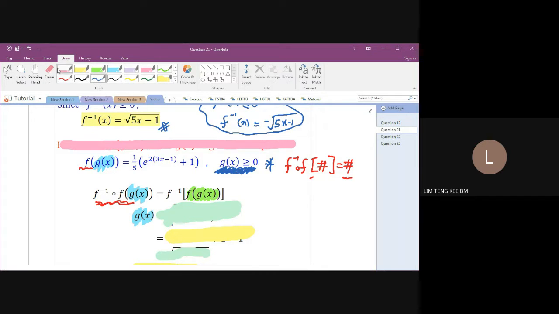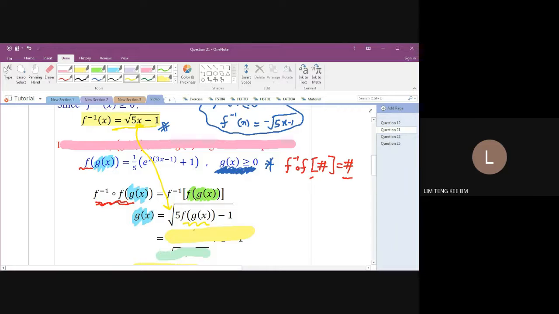On the other side, please observe carefully. I would like to substitute the function fg into the f inverse. Therefore, this is what I have. Take note, f inverse we find out is 5x minus 1. So if I substitute fg inside, that means the x, I erase it, becomes fg now.